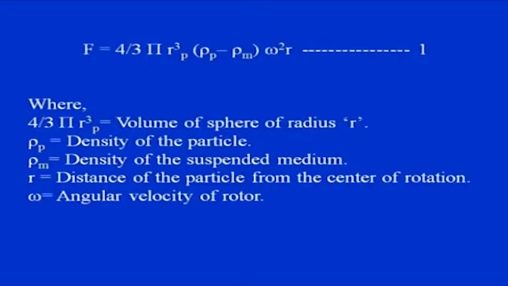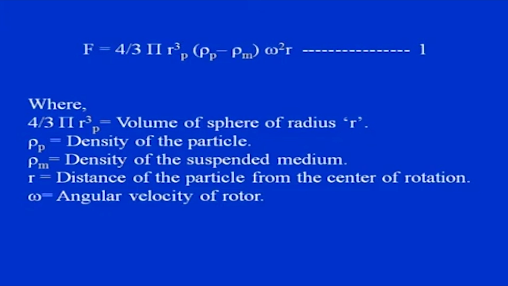So, if a particle which needs to be centrifuged is assumed to be a sphere of known volume and density, then the net force experienced under the centrifugal force at an angular velocity of say omega radians per second is given by volume into density, and the force experienced will be 4/3 pi r cube, where r p is for the particle, different from the radial distance here.